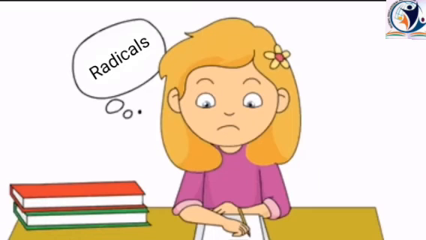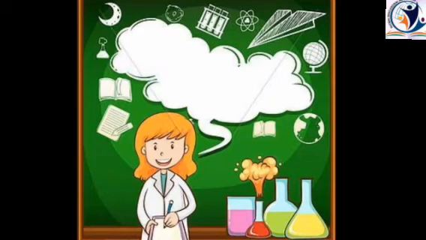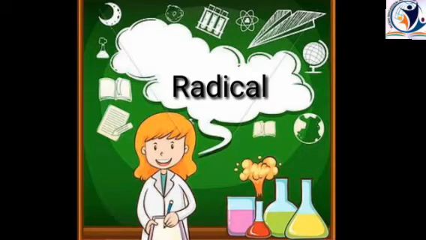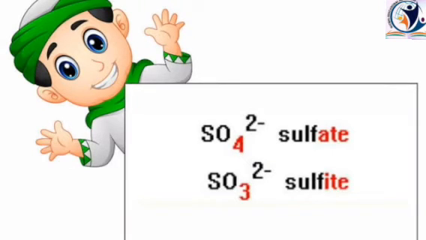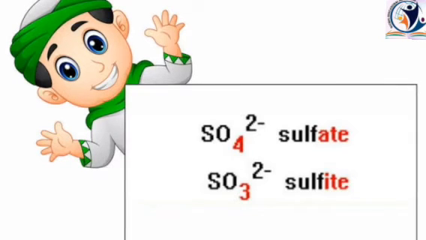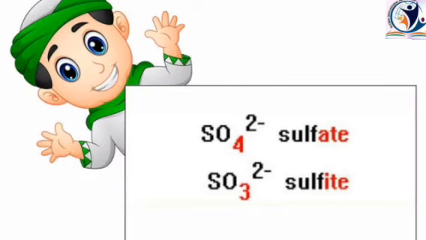So in this way we can see how different radicals can be written. Now we will learn the names of the different radicals, how they are given, seeing what elements are there to form the radical. For example, sulfite and sulfate. You can see the formula is SO3 2 minus and SO4 2 minus.